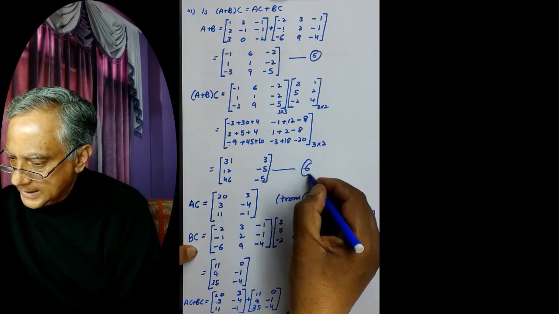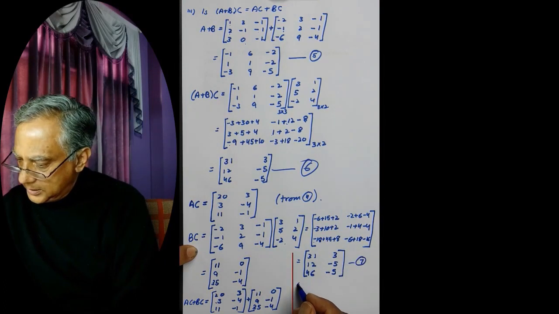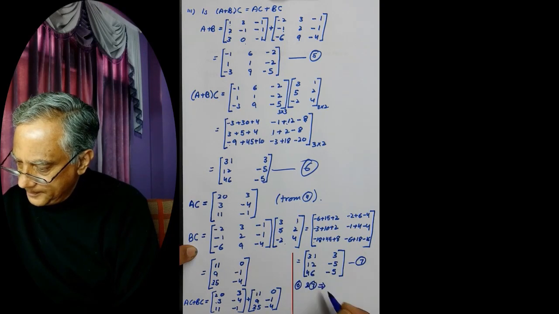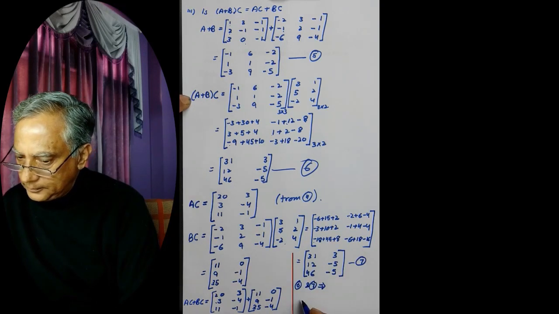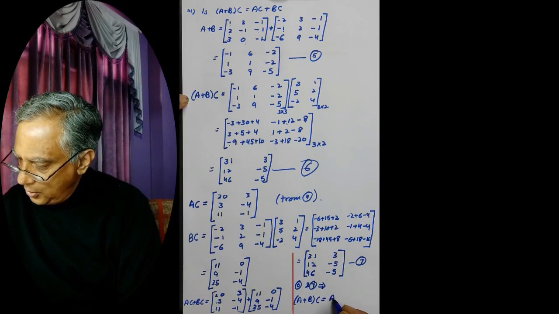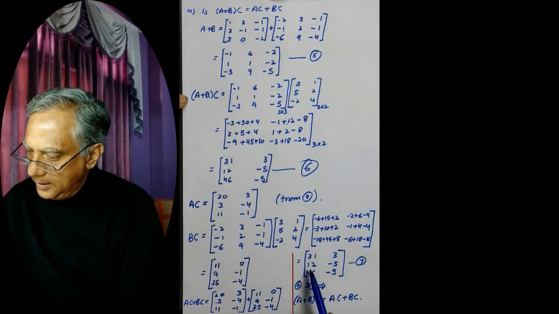Say this has 6 and this has 7. 6 and 7 imply AB plus C is equal to AC plus BC.